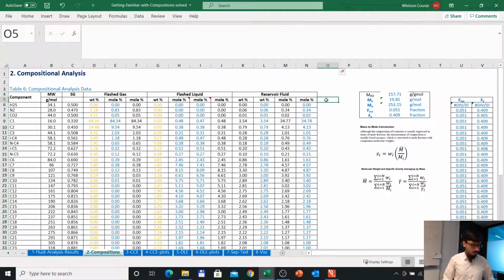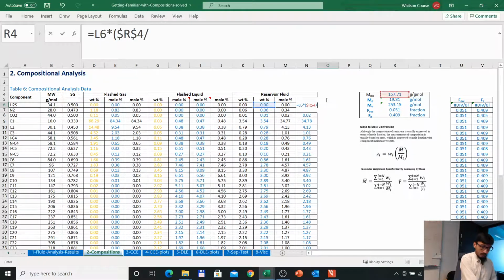Then we can calculate this mole percent using this other method, which is Wi times the average molecular weight of the fluid divided by the individual component molecular weight, which is here.